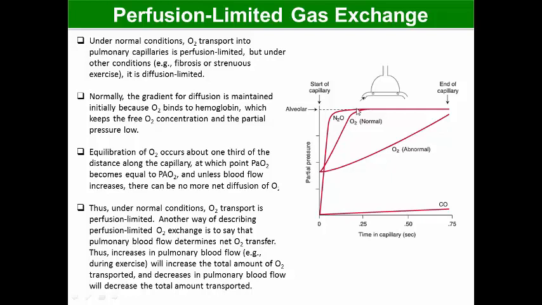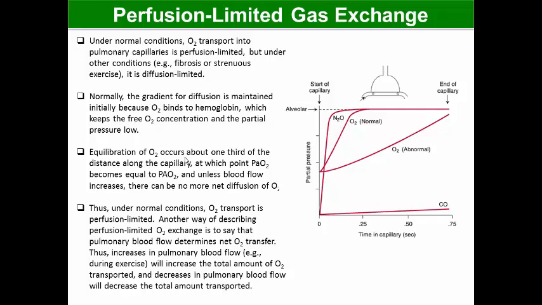And we mentioned in the previous slides that it takes oxygen approximately 0.25 of a second to get equilibrated between the blood in the pulmonary capillaries and the air in the alveoli. So equilibration of oxygen occurs about 1/3 the distance along the pulmonary capillaries.